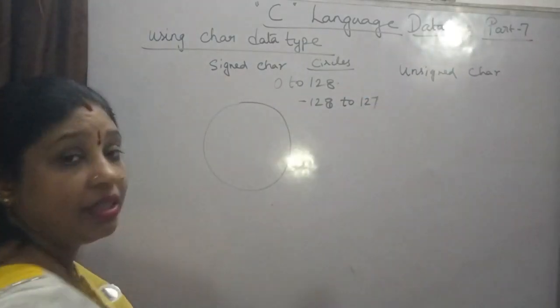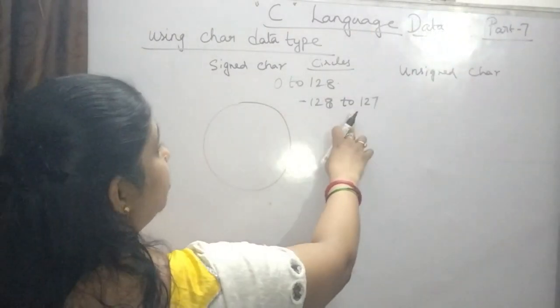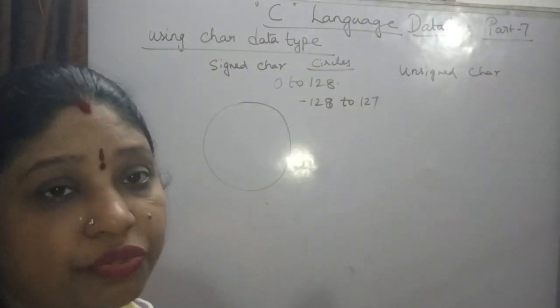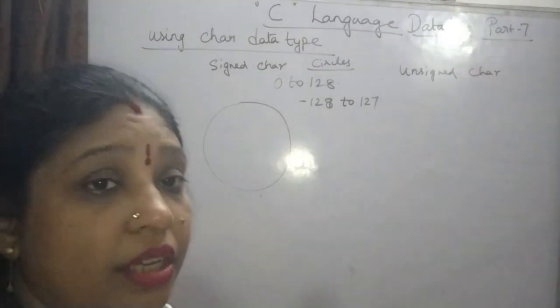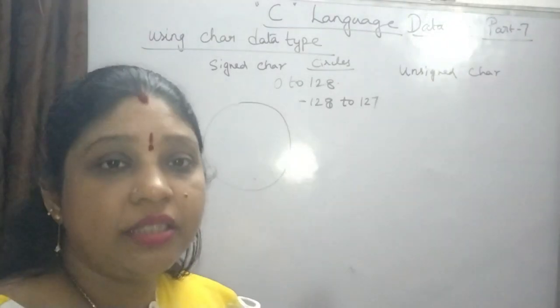Okay, understood? Minus 128 to 127 is the range for the signed char. Now I am discussing the signed char circle.